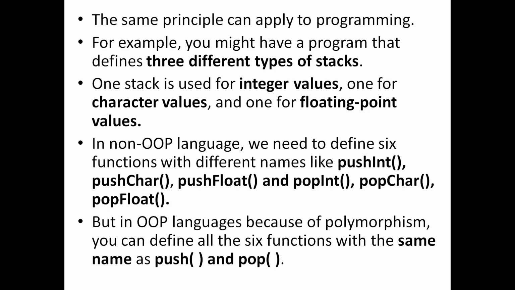But where the simplification comes is that you can define all the 6 functions with 2 names, that is push and pop. Push is the name of the 3 functions for different data types. Whether I write the function for integer stack or float stack or character stack, I will use the same name, which is push.